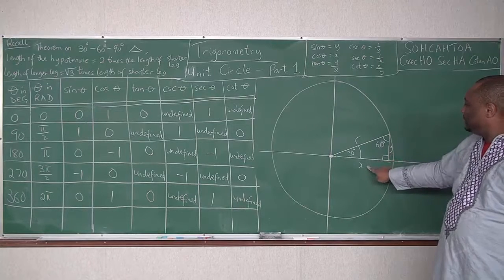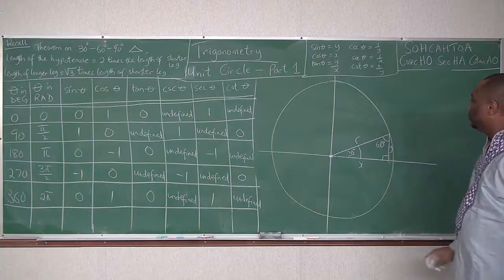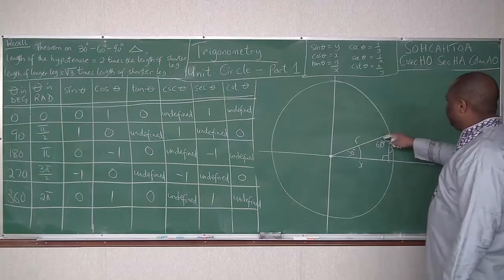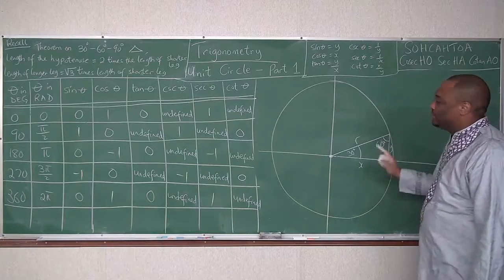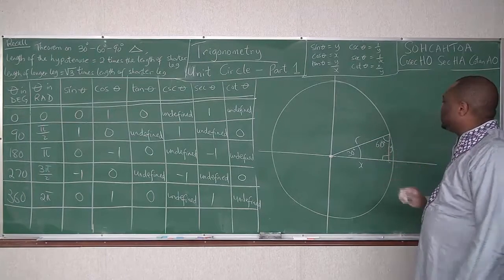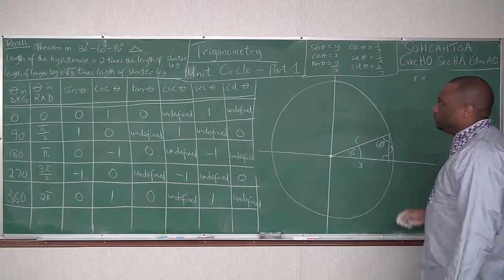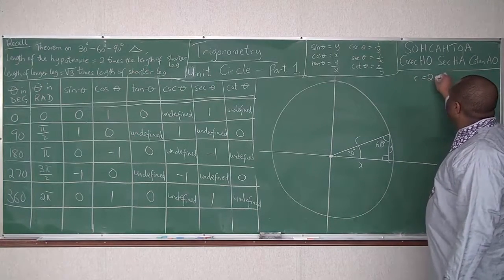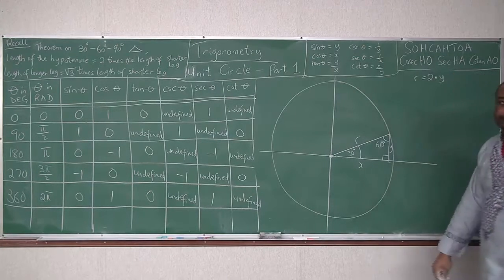So in this case, hypotenuse R is equal to 2 times what? Shorter leg Y. 2 times Y.